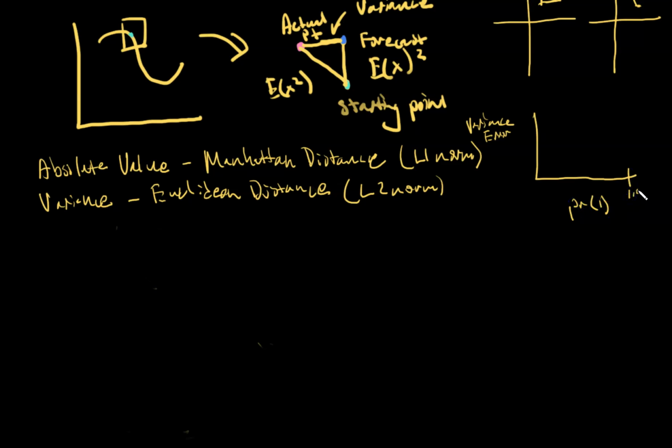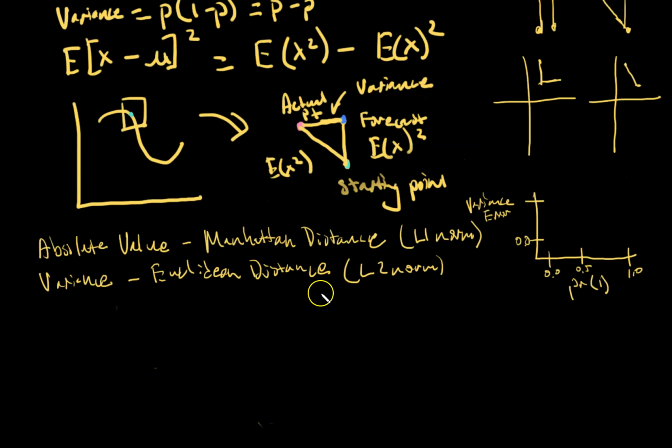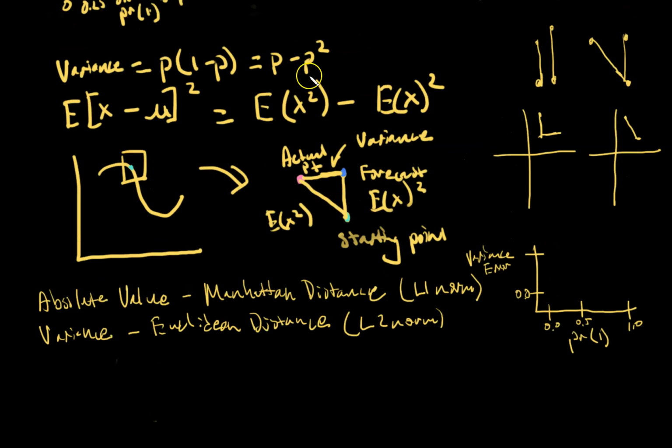This is 1.0, this is 0.0, and this is 0.5. Using this formula right here, if we have 0.5 as the probability, then 0.5 minus 0.5 squared is going to be 0.25 right here. Let's make this a little bit neater.